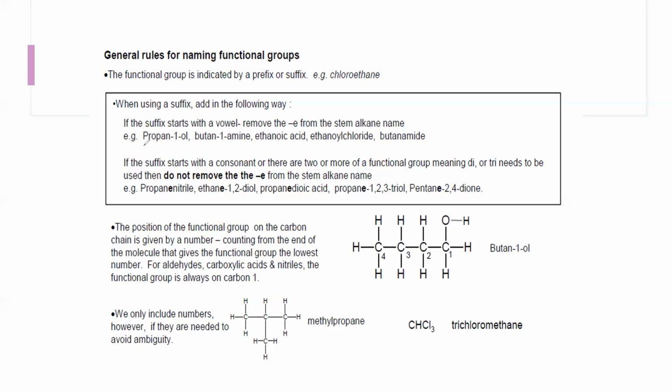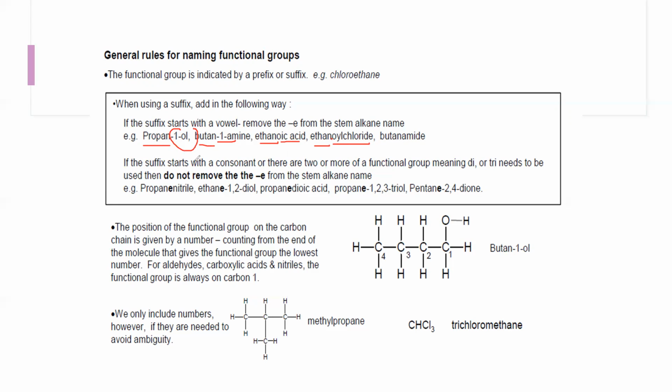So propan-1-ol: we remove the e from butane, we did not write ane. We remove e and we write amine. Ethane, we did not write ane, we remove e and we write oic acid. Ethene, we did not write e. We remove e and write the name of the functional group, the suffix.